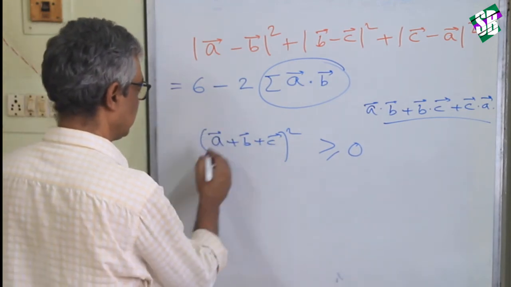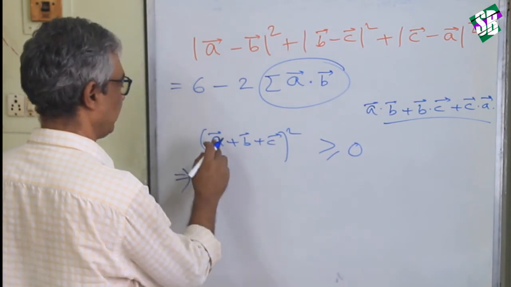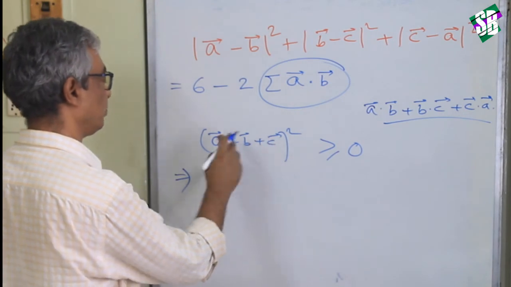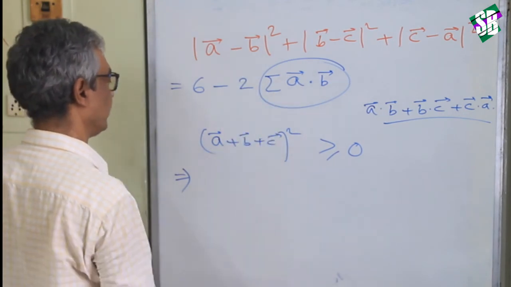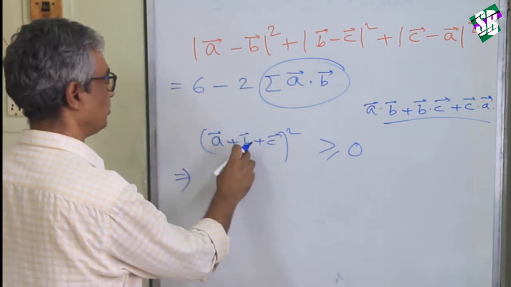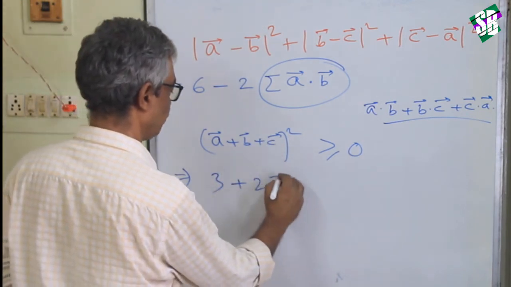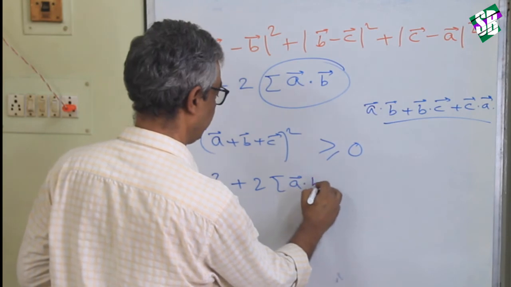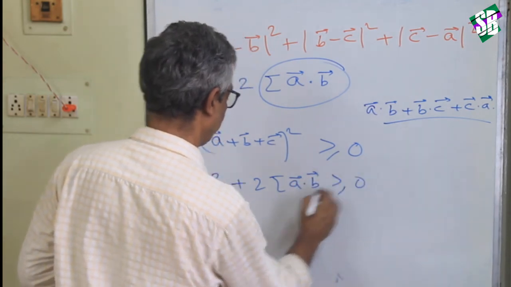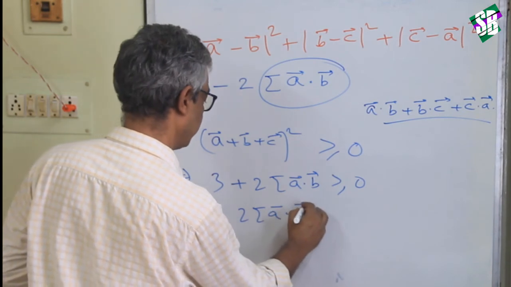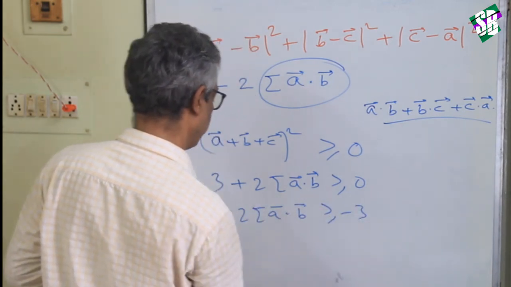But what is this? This is a vector square plus b vector square plus c vector square plus 2 summation a vector dot b vector. But a vector square plus b vector square plus c vector square means 3. So 3 plus 2 summation a vector dot b vector is greater or equal to 0. So 2 summation a vector dot b vector is greater or equal to minus 3.